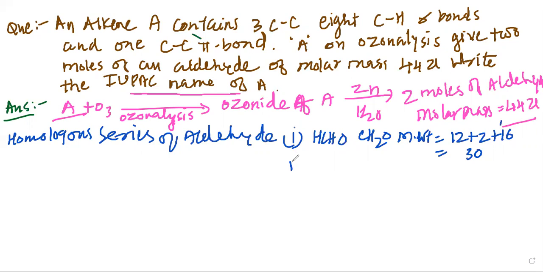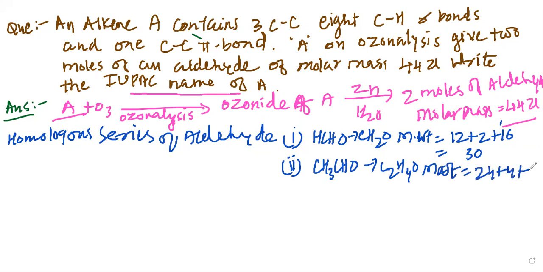Now if you look at the second one, that is CH3CHO, we can write it as C2H4O, and the molecular weight is 24 plus 4 plus 16, that is 44 gram per mole or 44 u.